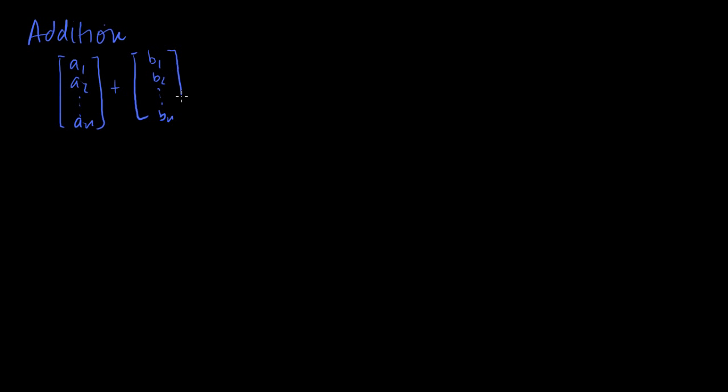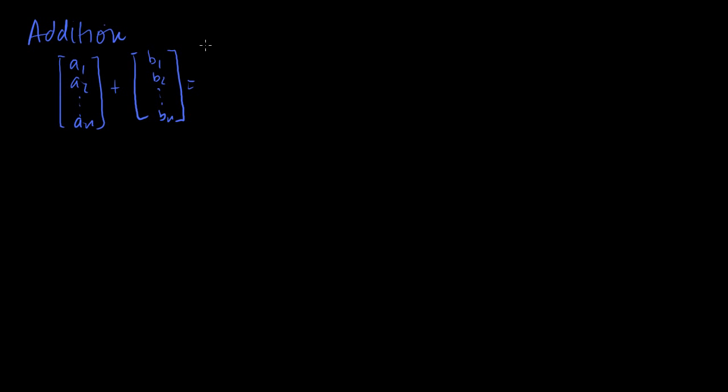We've already made a few definitions of operations that we can do with vectors. We've defined addition in the context of vectors, and you've seen that. If you have two vectors, say a1, a2, all the way down to an, we define the addition of this vector and some other vector, b1, b2, all the way down to bn, as a third vector.